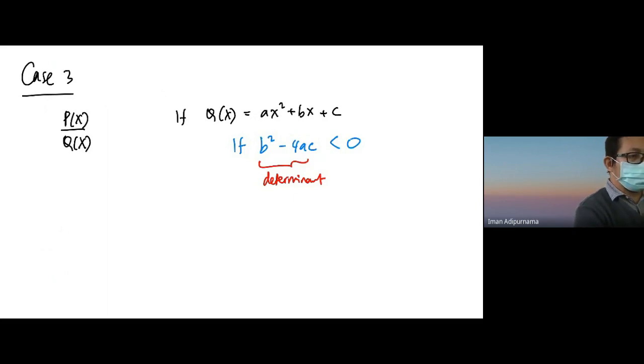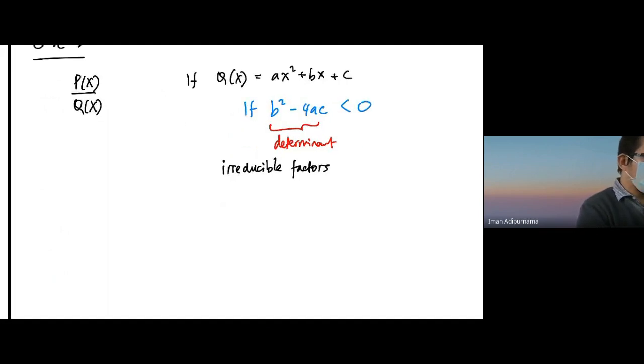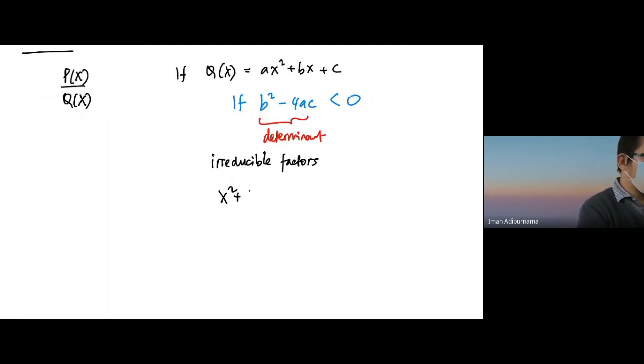Then we call them irreducible factors, meaning we cannot factorize anymore. For example, x squared plus 1, x squared plus 4, these are irreducible factors.